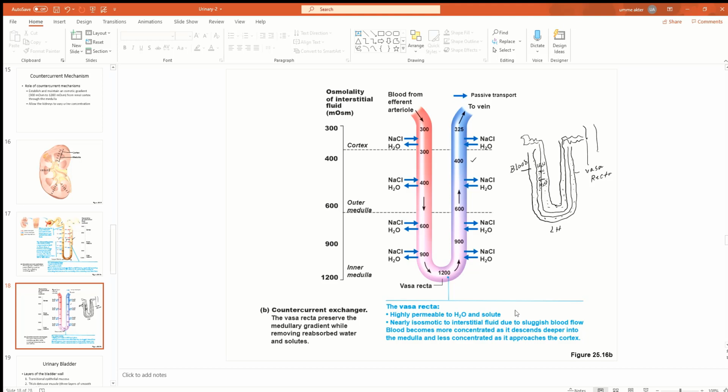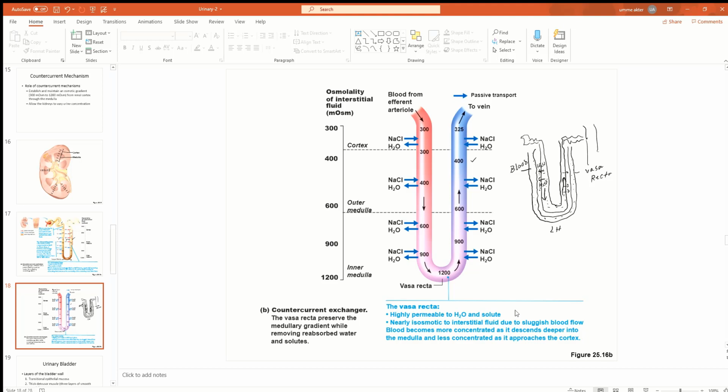We know that fluid goes this way, through the descending limb and then up through the ascending limb. And water gets out from this part. And remember, sodium, chloride, potassium, those solutes get out from this part.